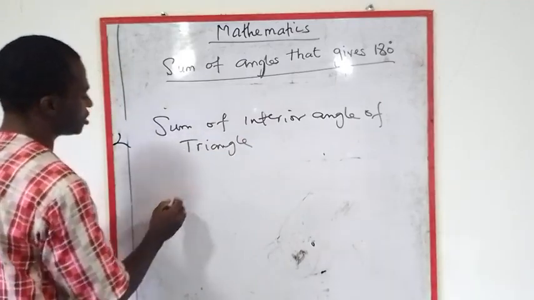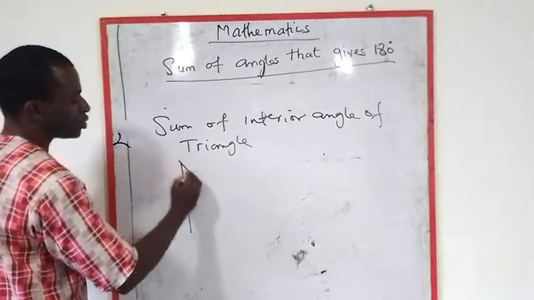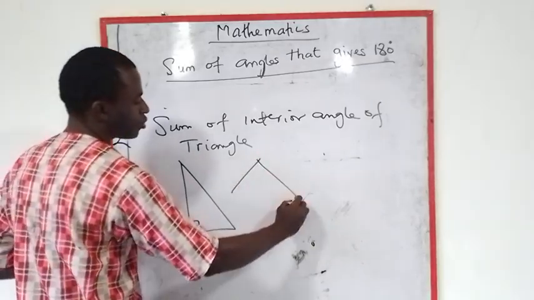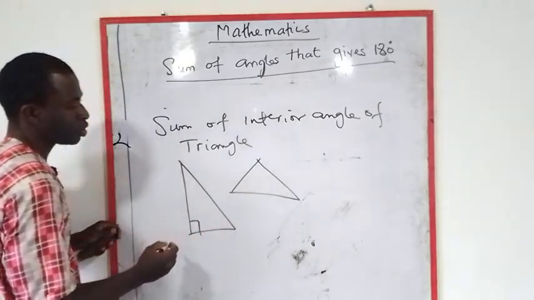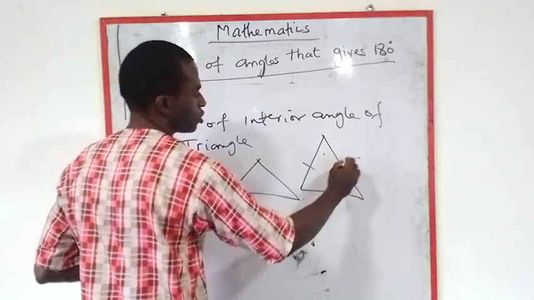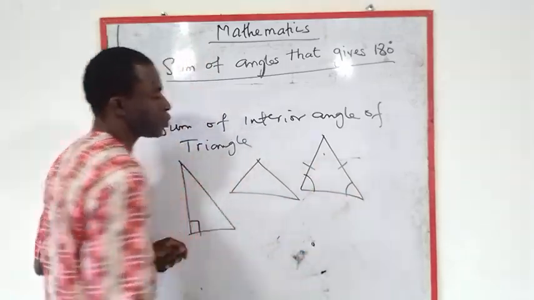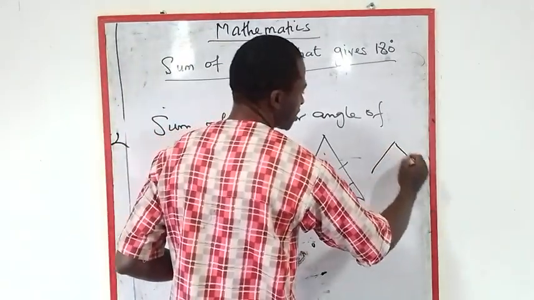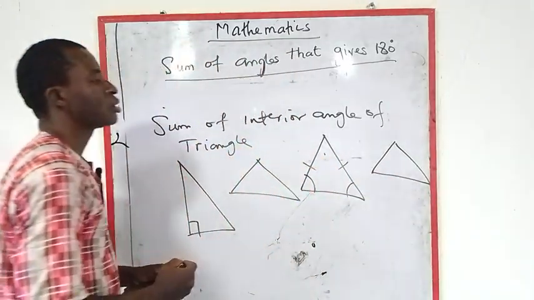What we are simply saying is that whether the triangle is a right angle triangle, whether it's a scalene triangle where all the sides are not equal, whether it's an isosceles triangle, where we say the base angles are equal, whether it's an equilateral triangle where all the sides are equal.